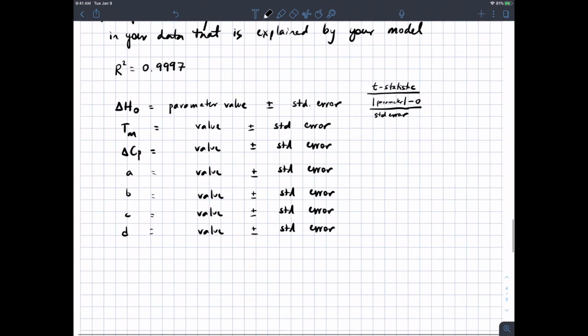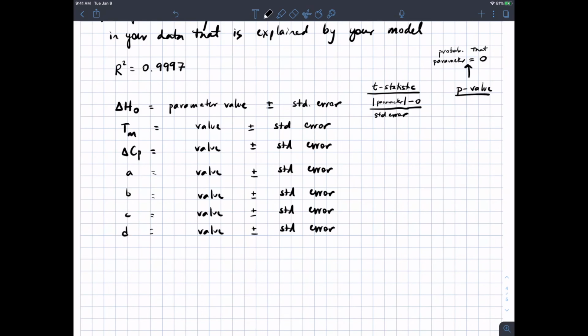And then Mathematica will run a t-test for you, and it actually happens as just part of the fitting process, to give you a p-value. And the p-value is, based on your t-statistic and the number of data points you have, the probability that the null hypothesis is true, that is, that your parameter value actually equals 0.